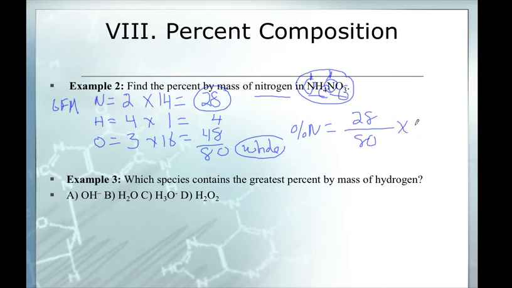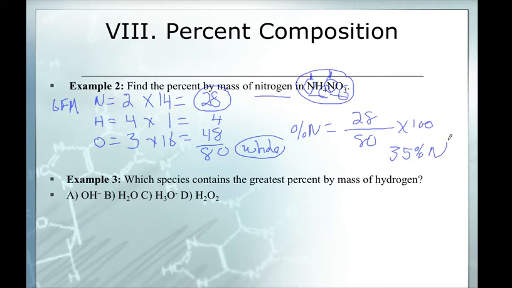So let me get my trusty calculator. I have 28 divided by 80 times 100, comes out to about 35% nitrogen by mass. And that's how you do percent by mass.